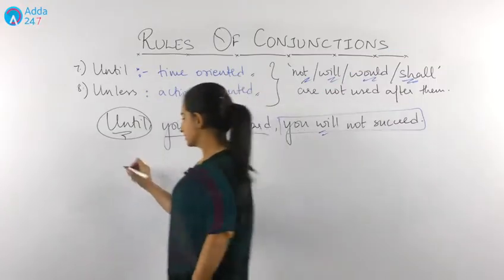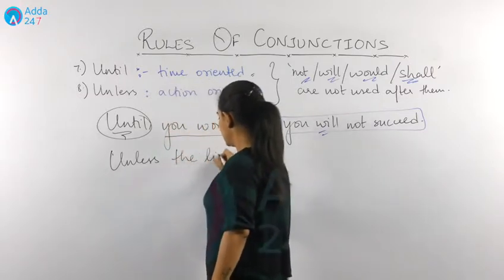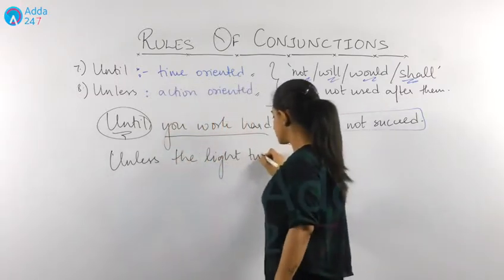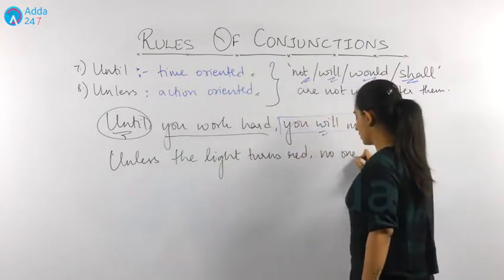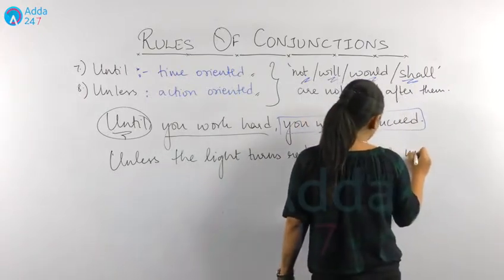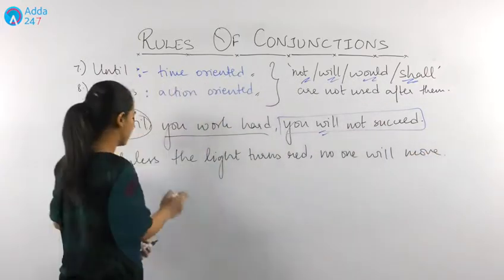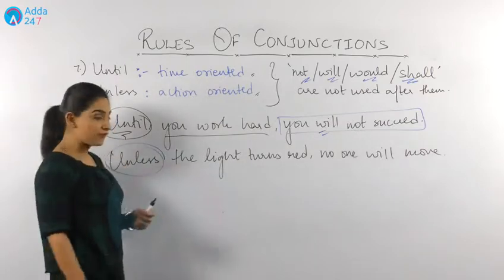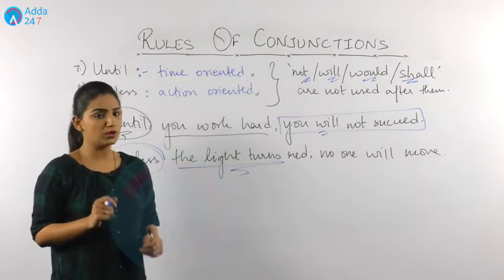Next that you have is, unless the light turns red, no one will move. Now what is the sentence given here? We have placed unless and after that you have placed the light turns red. What does it mean?